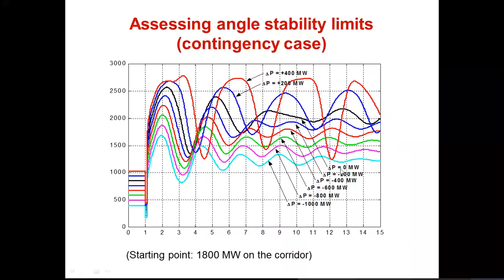So we have reduced the power flow from 1800 megawatt, and we have increased the power flow from 1800 megawatt. If I take this one, the total power flow will be 1800 plus 400, so that will be 2200 megawatt. This corresponds to 24 on the plot, because the starting point is 1800 here.